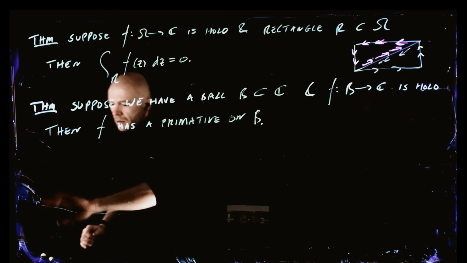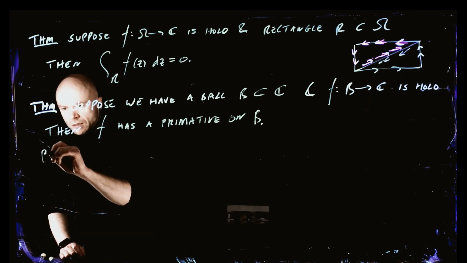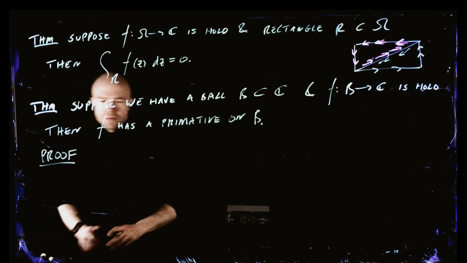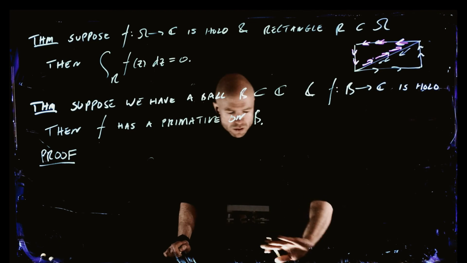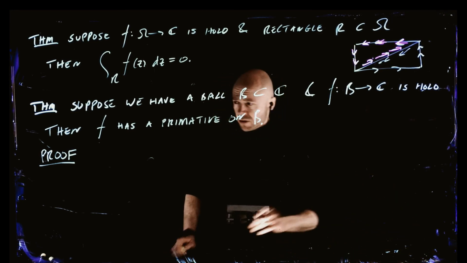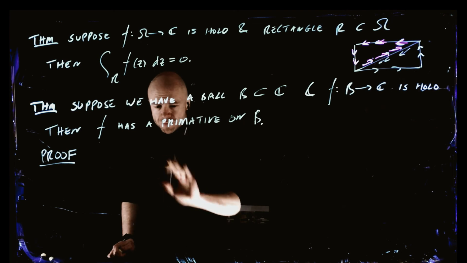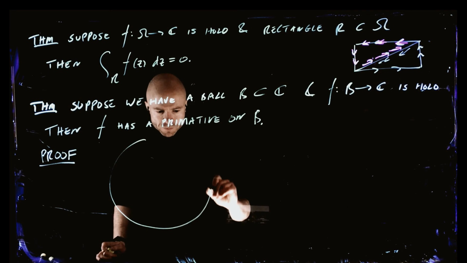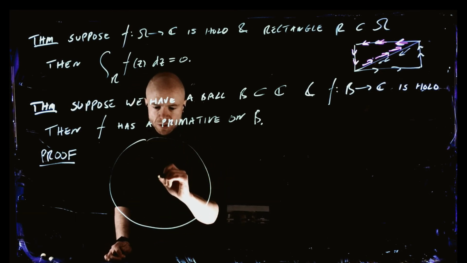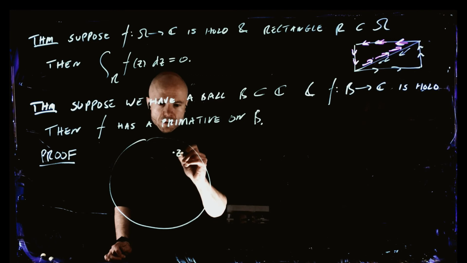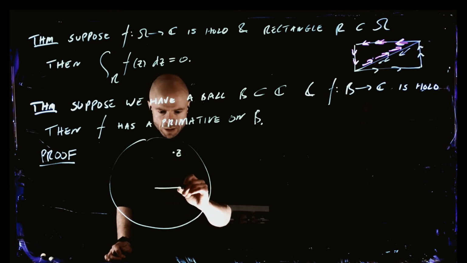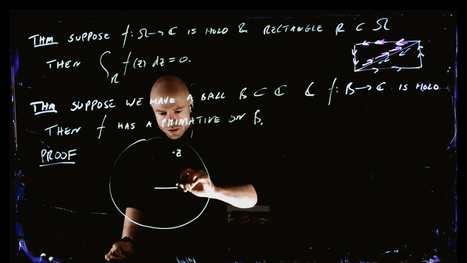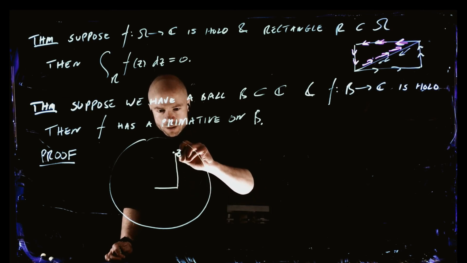And what would be a really great exercise, though I can't set it as an exercise because it's too hard and too easy just to look up, is to try and prove this from the following hint that I will give you. If we take our ball, since it's a ball, then for any z inside the ball, we can create a line that goes like this, and then up to the point like this.